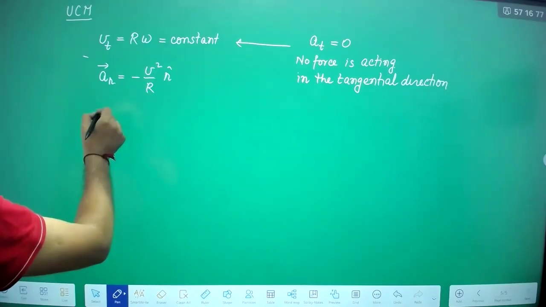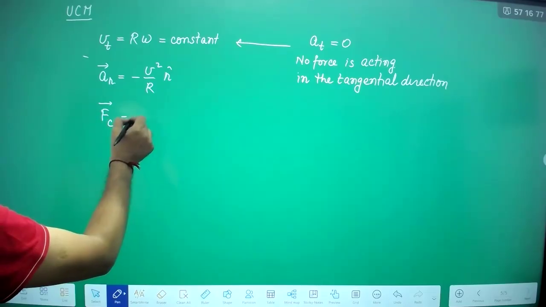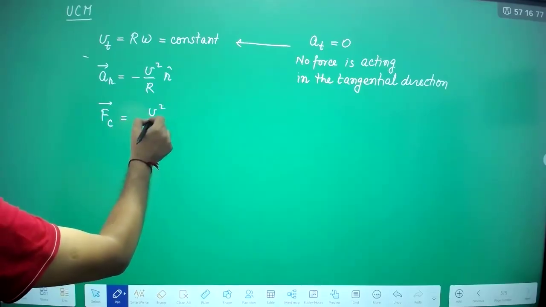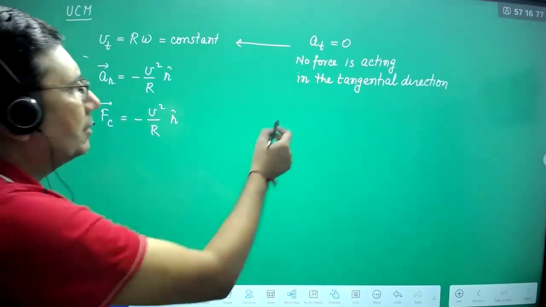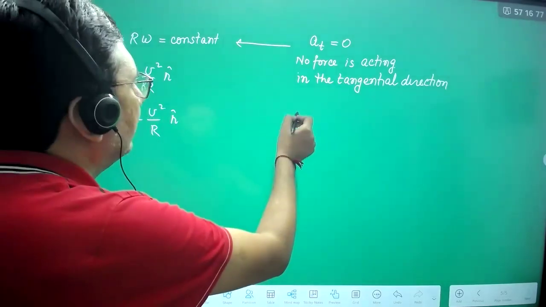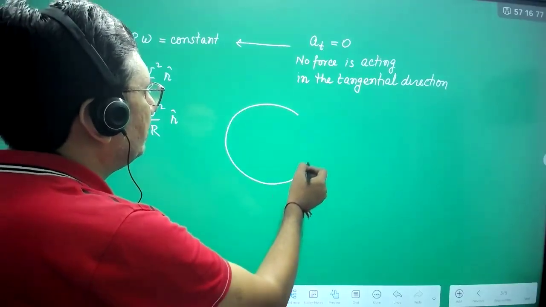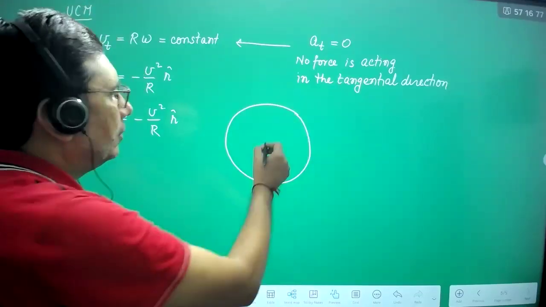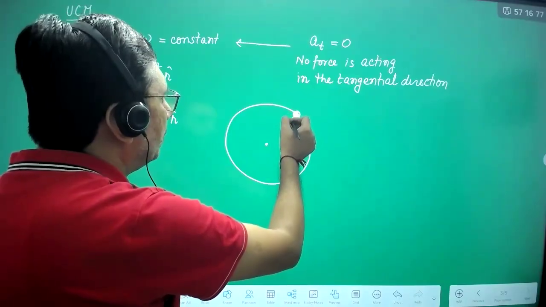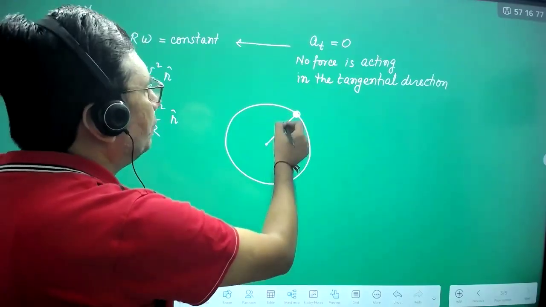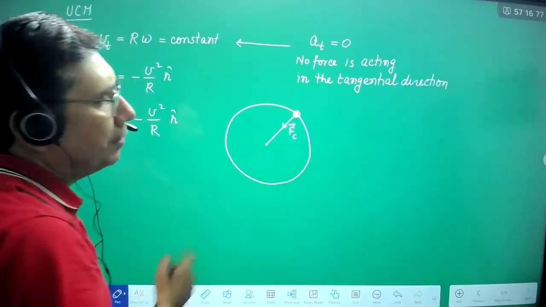So basically only one force is acting on it, that is the centripetal force, acting toward the center. Suppose the particle is here, and the centripetal force Fc is always acting on it toward the center.